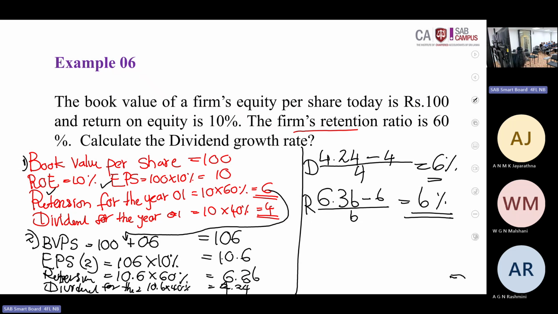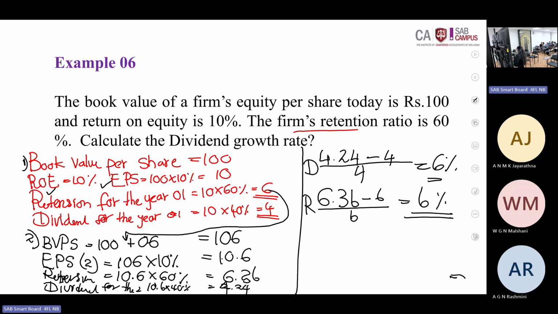But if you were not given these details, how can we identify the growth rate? So we don't need to do all the calculations to identify the dividend growth rate, which is similar to the retention ratio. Forget about dividend, and look at the retention, because dividend and retention growth are equal. So then, how can we identify this 6%?